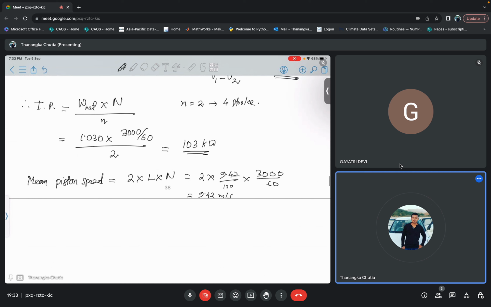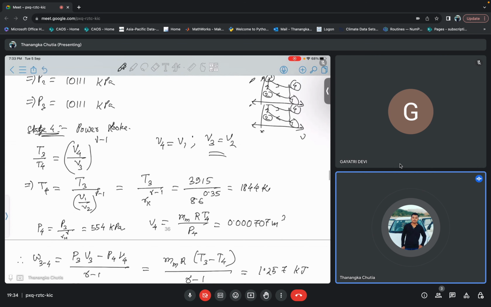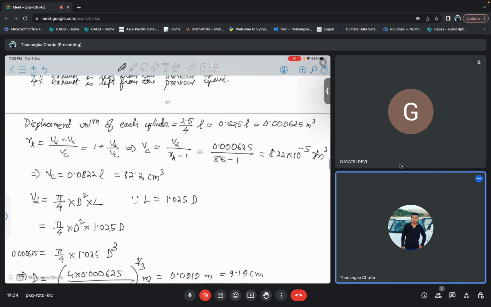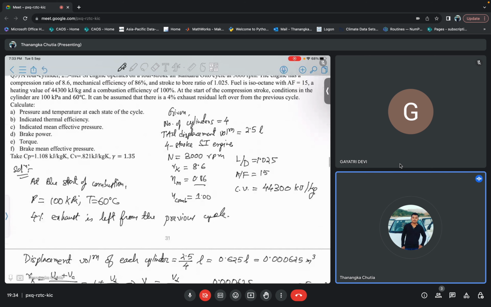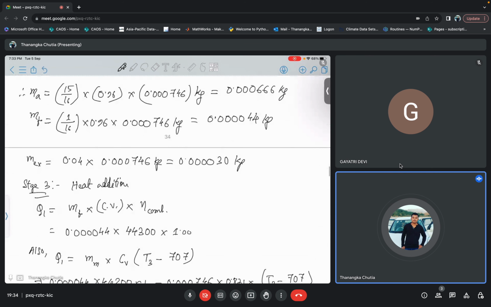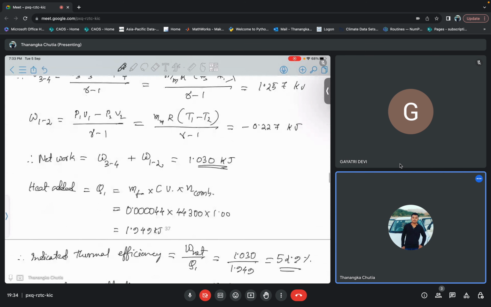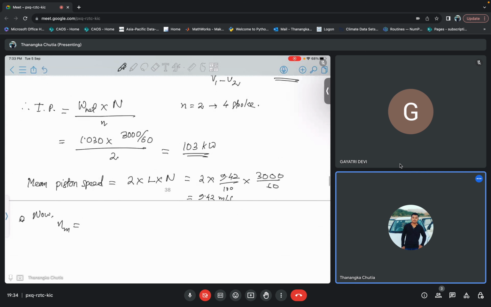Now we are given eta mechanical efficiency. What is the mechanical efficiency they are giving? 86%, 0.86. Now we know that eta mechanical is equal to brake power divided by indicated power.